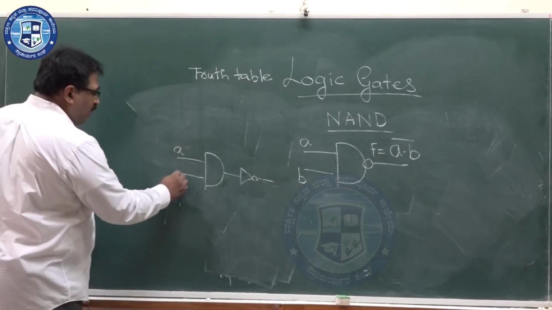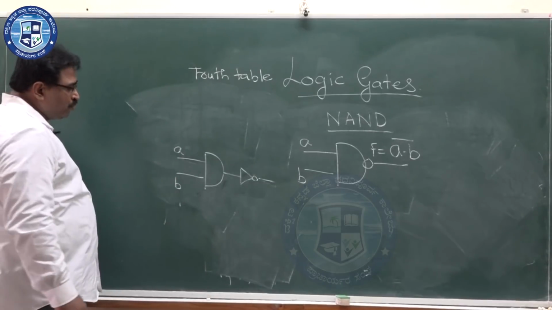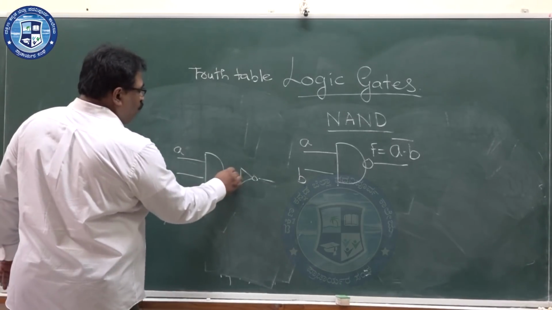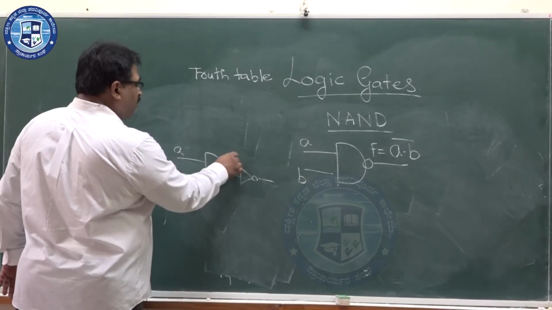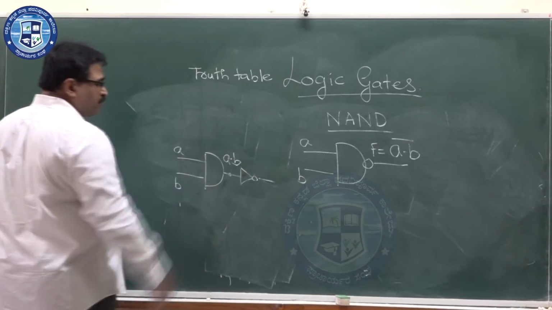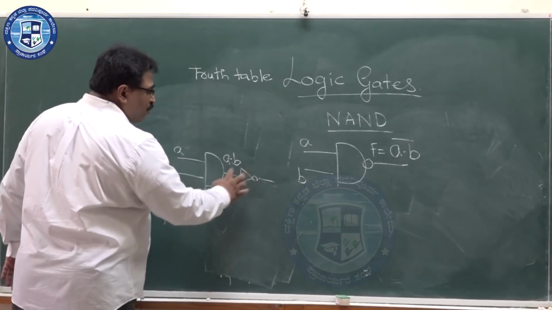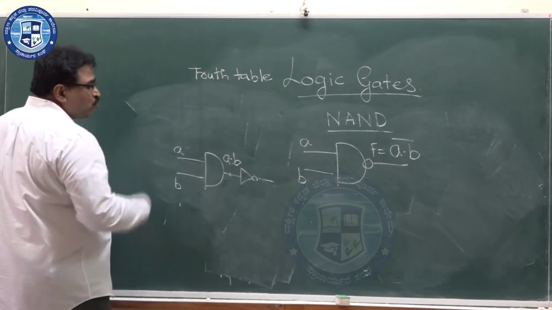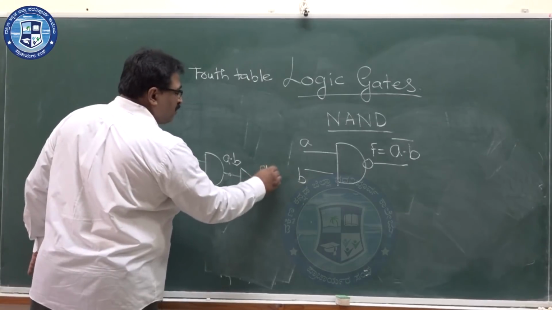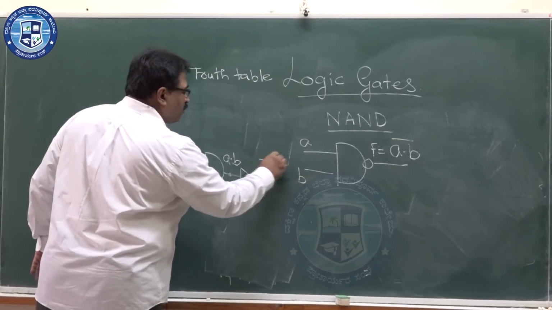Now if A and B are the two inputs, what you are going to get over here is A dot B. Now A dot B is given as an input to the NOT gate. So what will be the output of this gate? A dot B the whole bar.